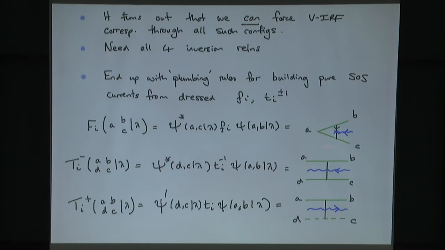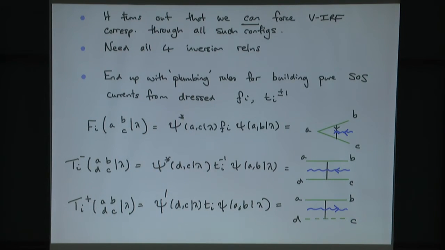Okay, so diagrammatically what you get is these modified versions of the Chevalley generators. The modified versions of the Chevalley generators are the original Chevalley generators dressed by the vertex phase correspondence. And there are 3 different types. So this is my dressing of my F_i, and this is my dressing of my tail in one direction and the tail in the other direction. And this one down here has a dot down here as well to make this work.